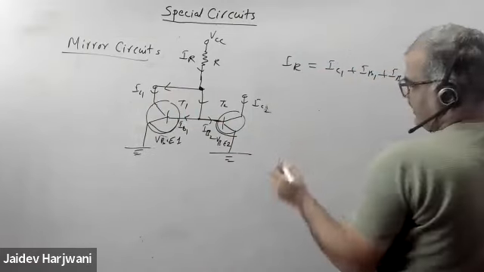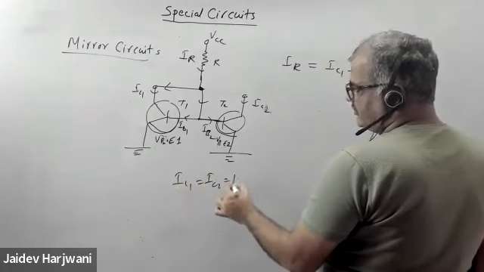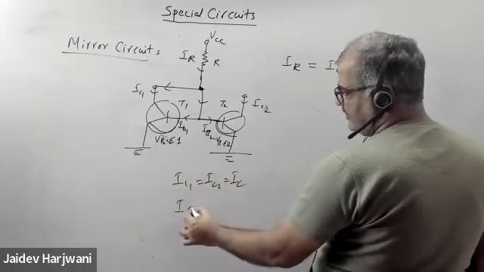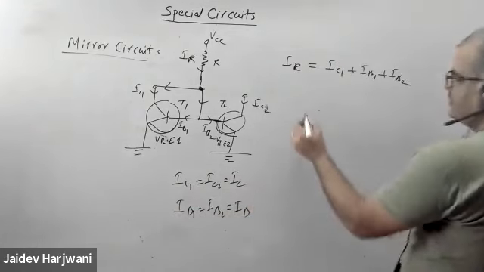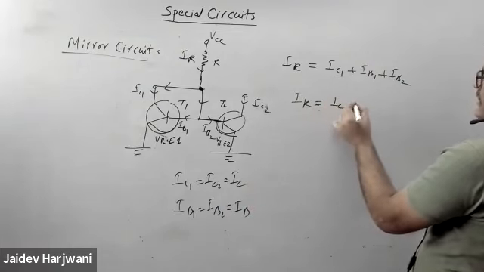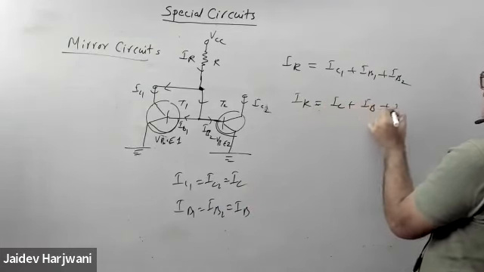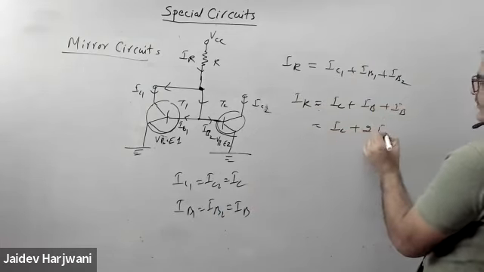Now I am telling you these are mirror circuits, so I can say IC1 equals IC2 equals IC. Similarly, IB1 equals IB2 equals IB. So now I have IR, this will be your IC, and this will be your IB plus IB. So IR will be IC plus 2IB.